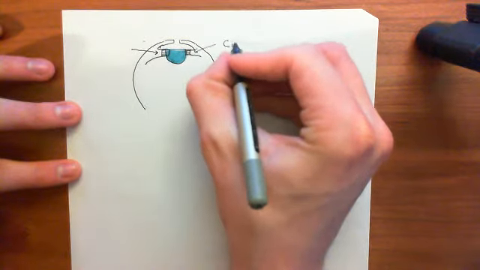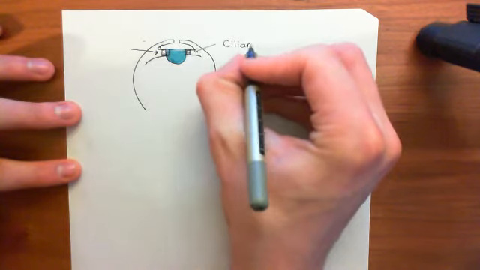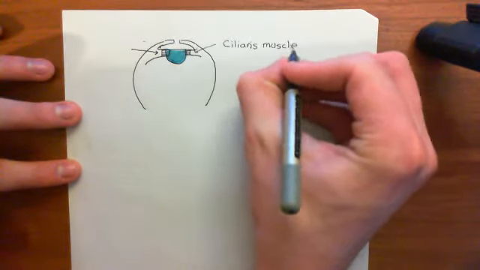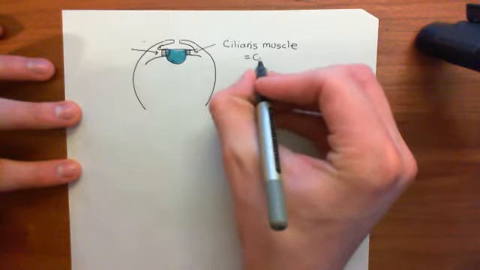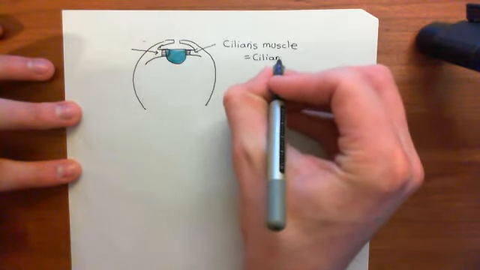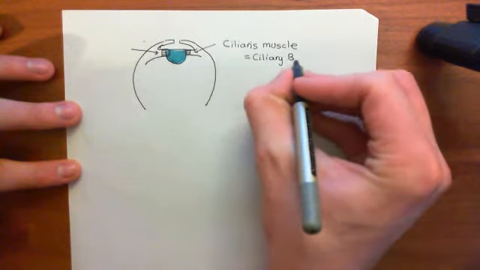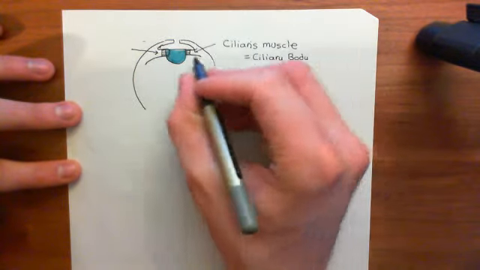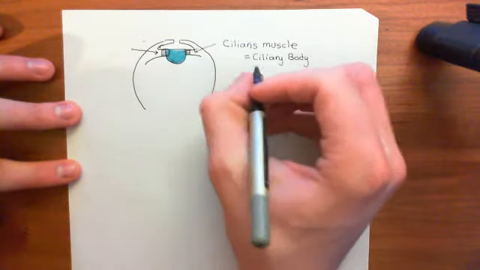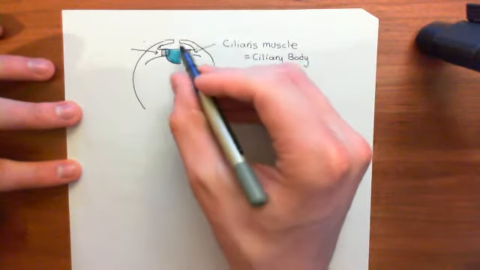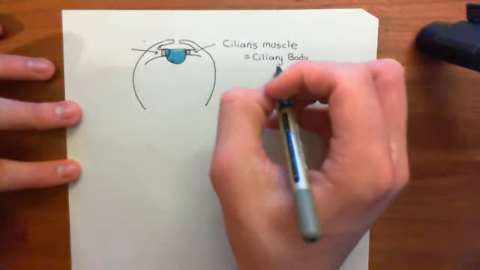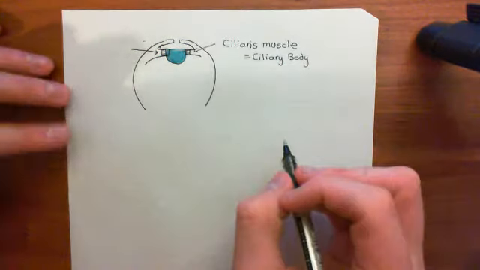With regards to them as a muscle, they're often called the ciliaris muscle, but with regards to their secretory activity, they're often called the ciliary body. Either is fine. You would generally use ciliaris muscle if you're talking about it as a muscle. If you're referring to its action of secreting fluid into the aqueous humor, then you'd call it the ciliary body.